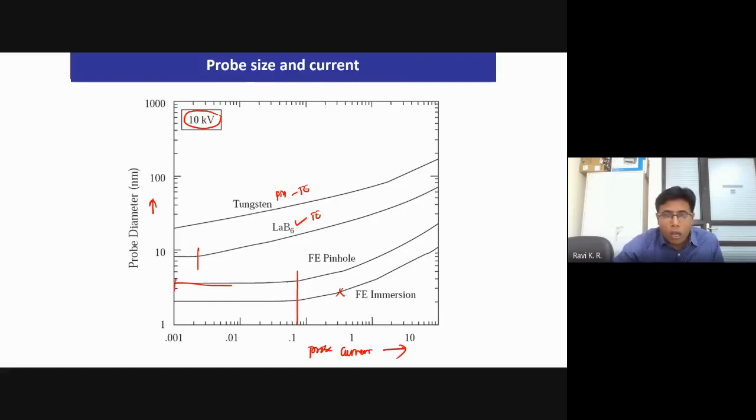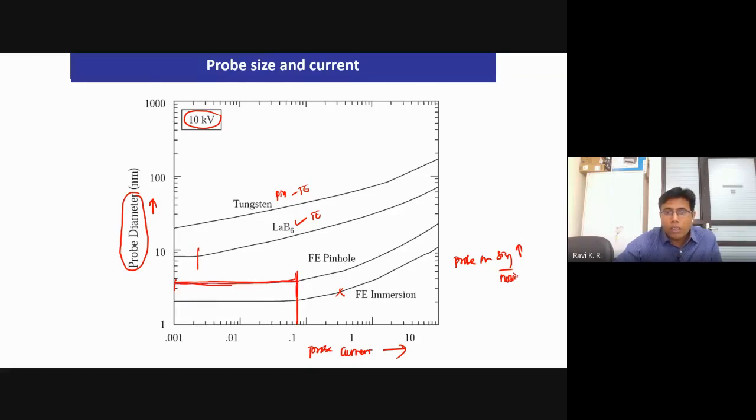In field emission, we would like to increase the probe current, because by increasing the probe current we are going to get a high signal to noise ratio. We want that, but at the same time, we don't want to increase the probe diameter too much. For that you should work in this particular region.